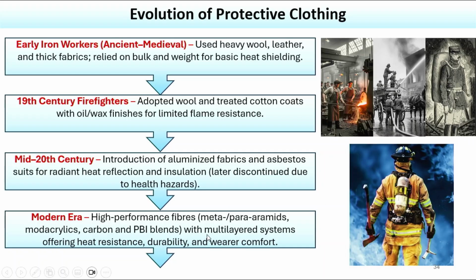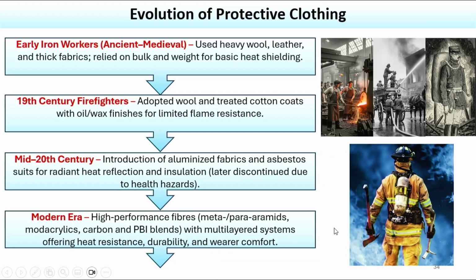High performance fibers are used, which we have already discussed: meta or para aramid, modacrylic fibers, carbon, PBI fibers, with a multi layered system offering heat resistance, durability and wear comfort.